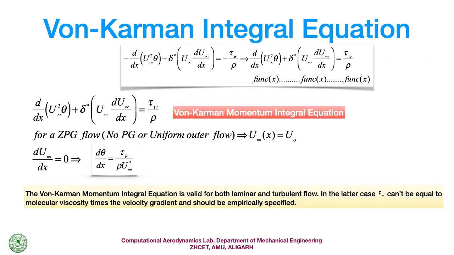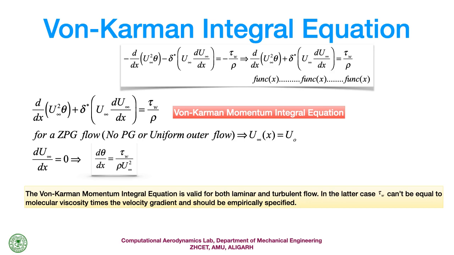So the von Karman momentum integral equation becomes d by dx of u infinity square theta plus delta star u infinity du infinity by dx equals tau wall by rho. If you see these terms, the first term of this equation is a function of x, the second term is also a function of x, and the wall shear stress is also a function of x. So locally, these are all functions of x.